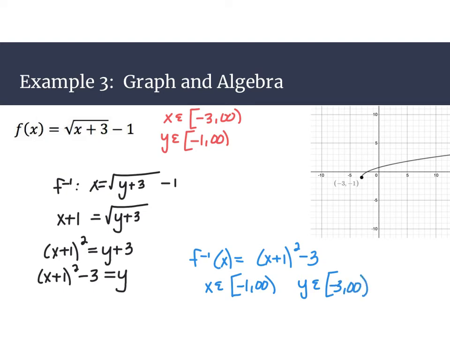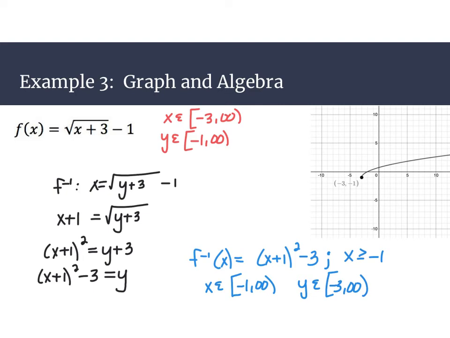So the way we can cut this function off so that we only have half of the parabola is to put a little semicolon there and say we only want this to be true when x is greater than or equal to -1. So we're saying we want to graph this parabola with this accommodation that x can only appear on our graph when it is greater than or equal to -1.